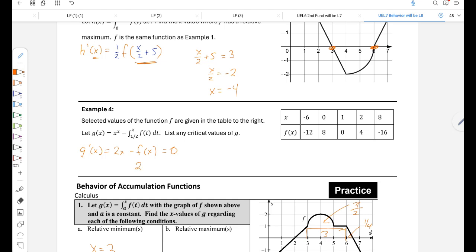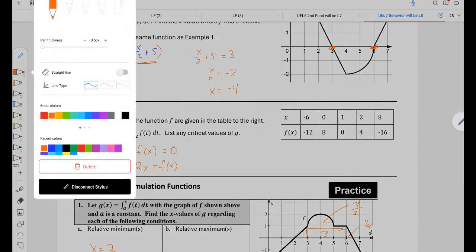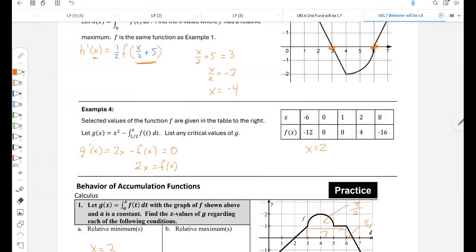Which means that 2 times x equals the f of x. We need things where 2x equals the f of x. Are there any situations where that happens? x equals 2. And x equals negative 6. Those fit this property. If I double the x value, I get the f of x.